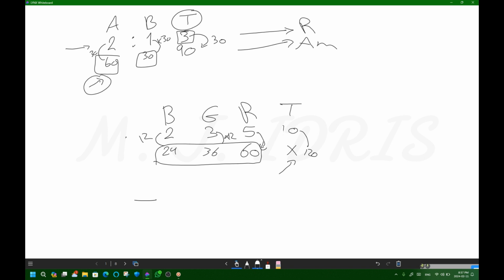Take the 60 and long divide it by 5. 6 divided by 5 is 1, which is 5. Subtraction gives you 1. Next number goes down, 10. 10 divided by 5 is 2. No remainders, done. So the answer is 12.